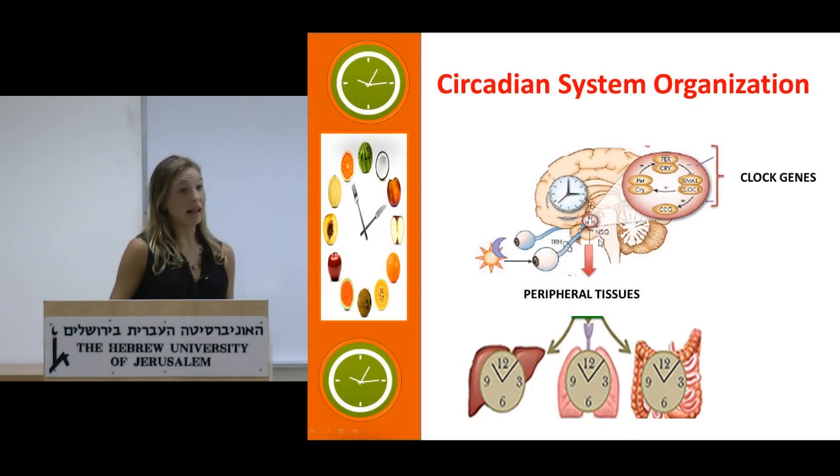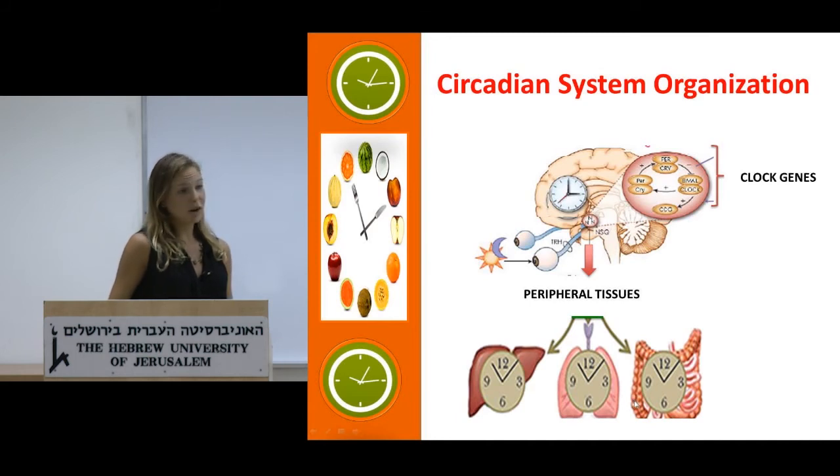However, via hormonal and neuronal output, it will coordinate and synchronize with peripheral clocks, which are located in peripheral tissues. We have peripheral clocks in very important metabolic organs, such as the liver, also in the intestine, in the lungs, in the heart, in many tissues.